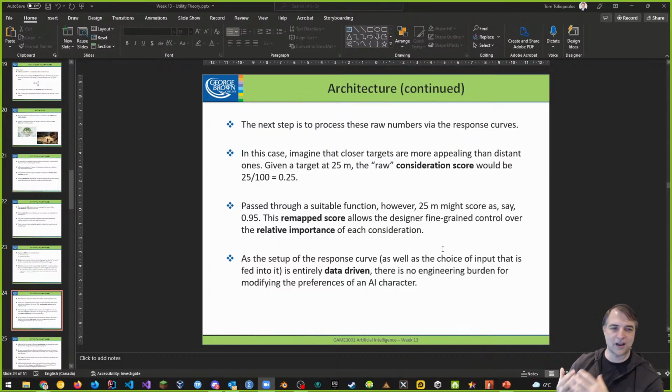Again, it sounds complicated, but really what we're trying to do is map two different options, things to consider, based on our utility, to try and find the highest utility for a particular action set, if you will.